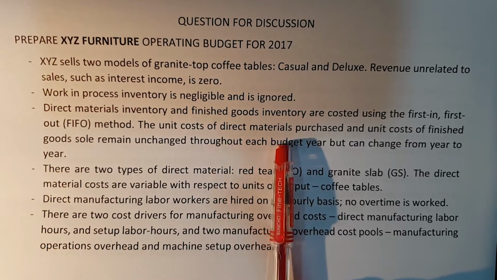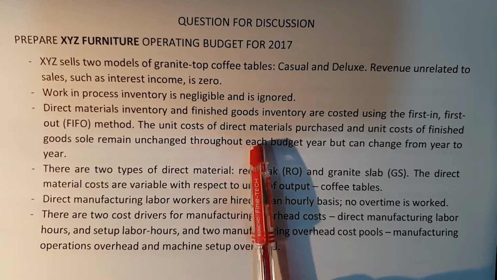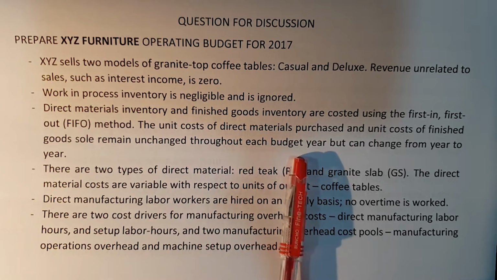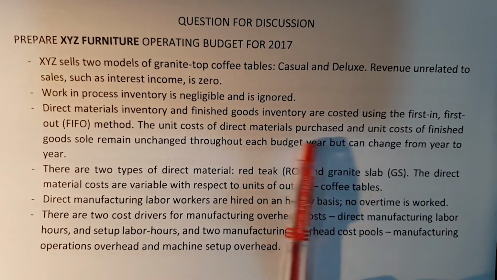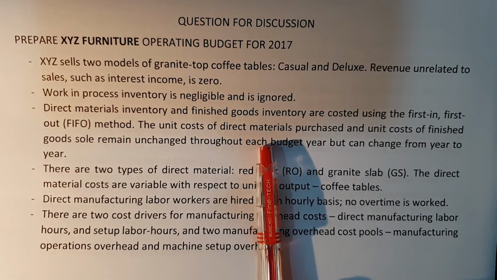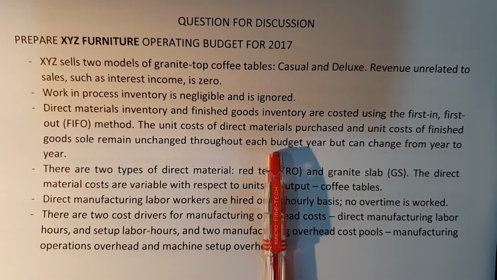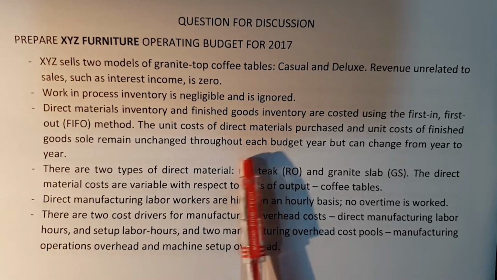Based on this information, it says that this cost remains unchanged throughout each budget year, but can change from year to year. That means the cost this year might be different compared to the cost of the same direct material that we bought last year.